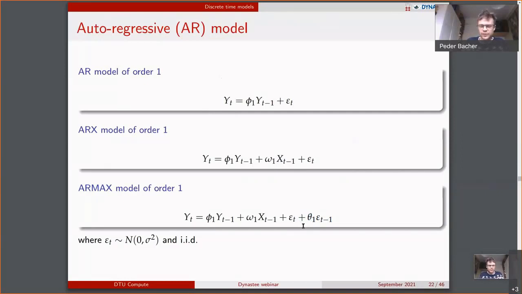Basically now we have a transfer function on our errors. What this means is that in all systems that we sample in the real world, there will be uncertainty, even on the inputs and other things that affect the system.